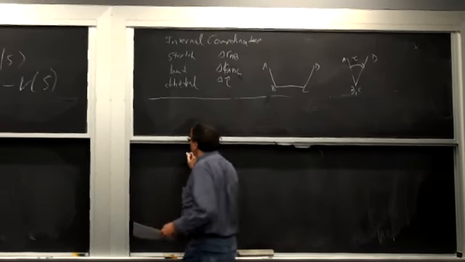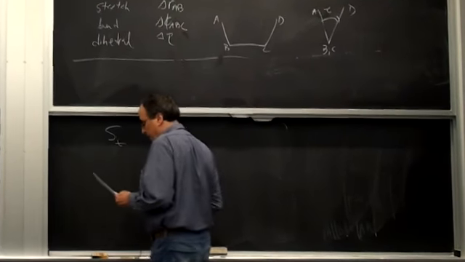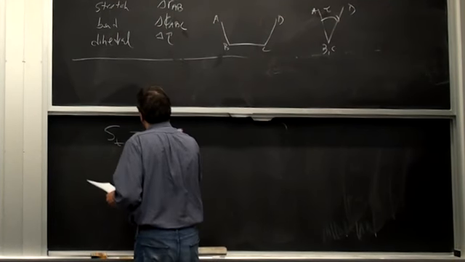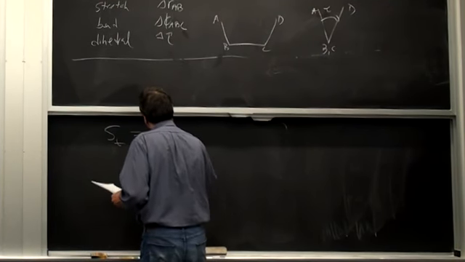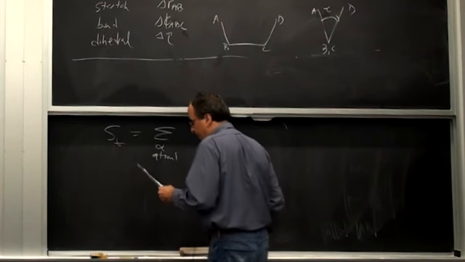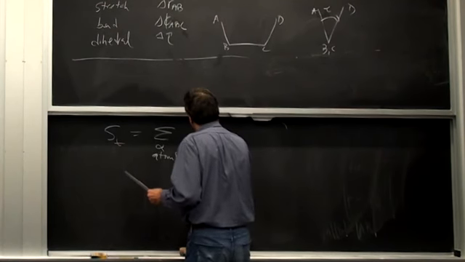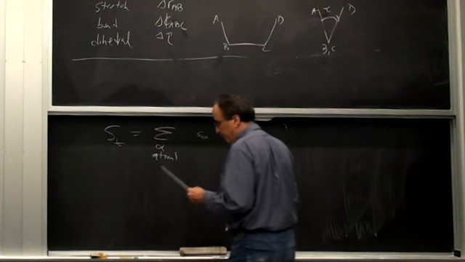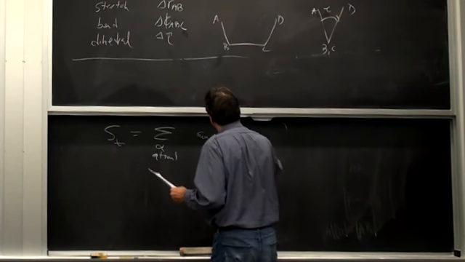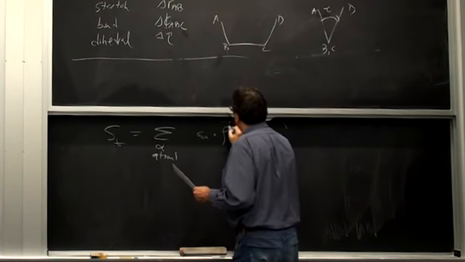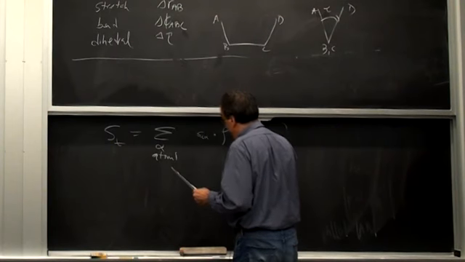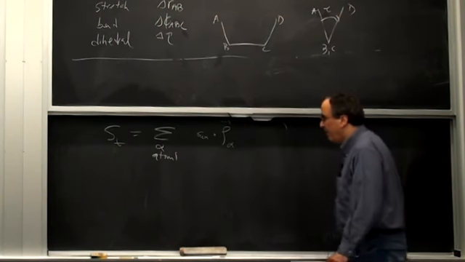Here is an internal coordinate, and we're going to define it as a sum over atoms of this little thing, S_t alpha, dotted into a Cartesian displacement of atom alpha.